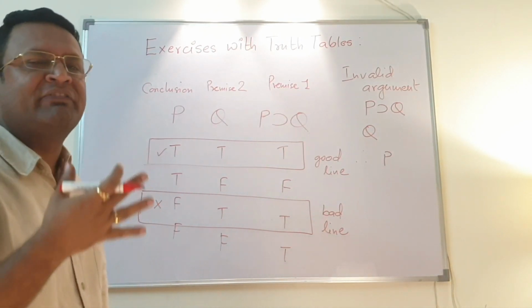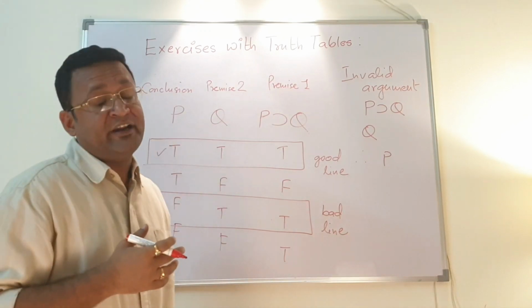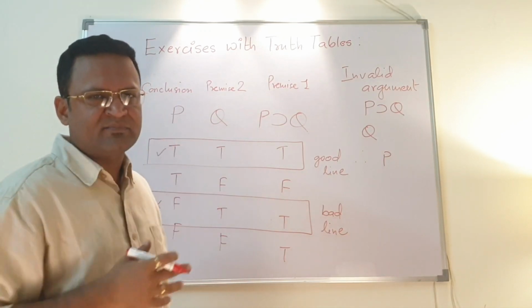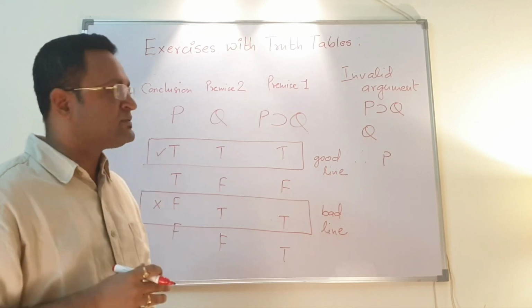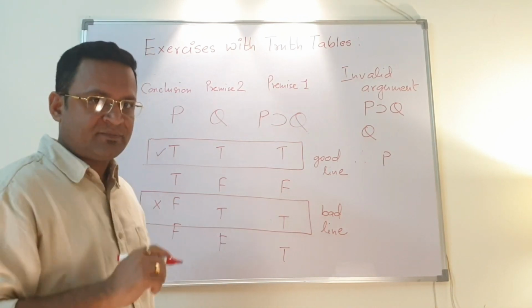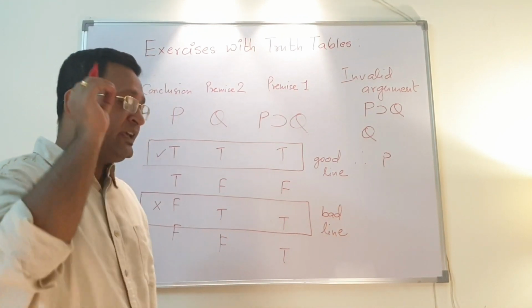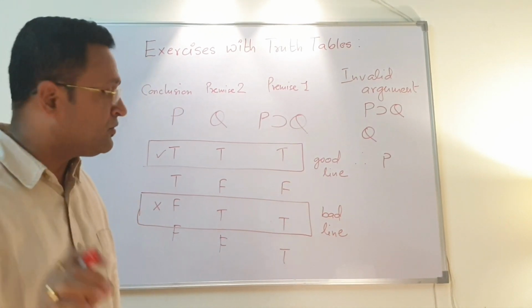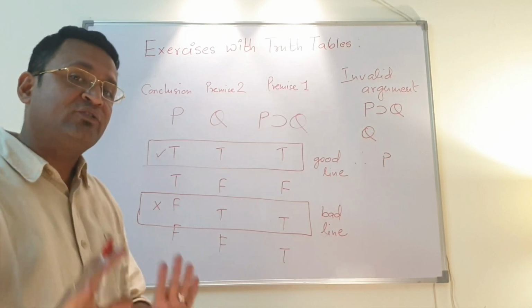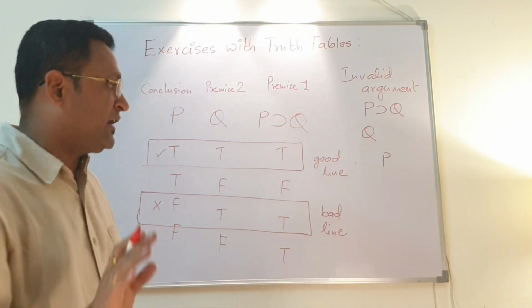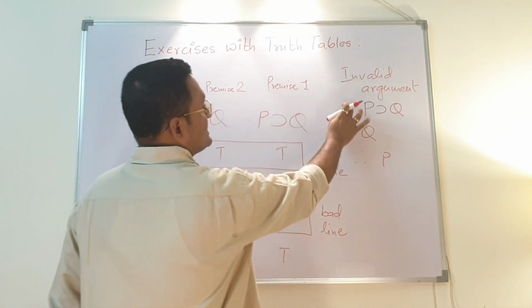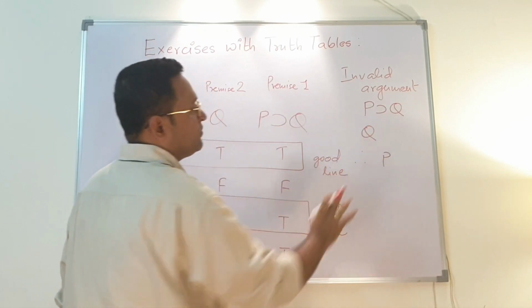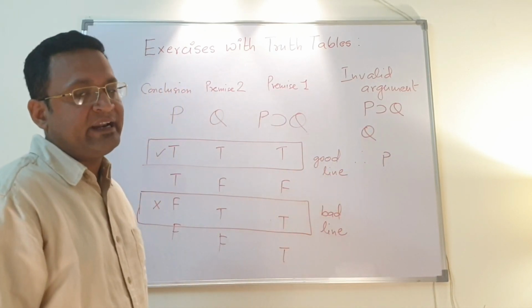But there you feel like yes, it is violating the rule so many times, whereas here it is violating the rule only once. But it does not matter. If it violates the rule even once, then this argument is going to be an invalid argument. So we know this argument, P implies Q, Q therefore P, is an invalid argument.